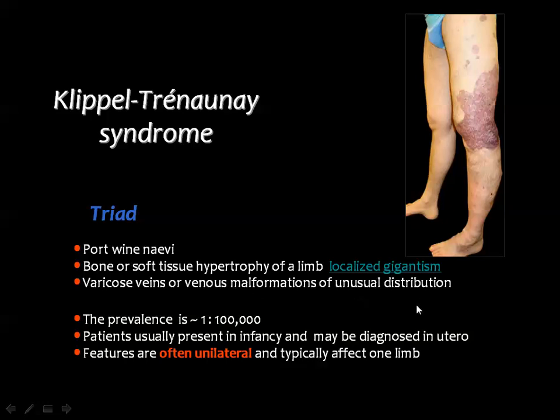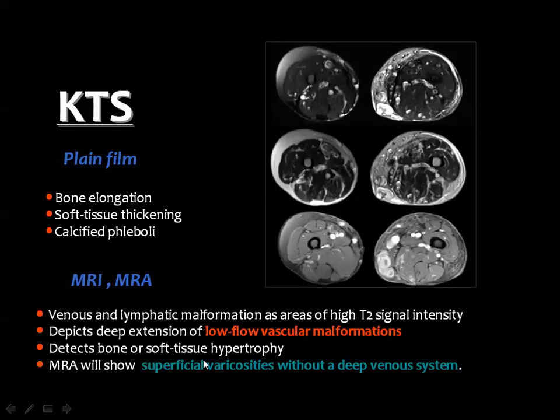The prevalence of this disease is like 1 in every 100,000 population. Patients usually present in infancy and may be diagnosed in utero. Features are often unilateral and typically affect one limb, but sometimes you can see minor changes in the opposite limb.